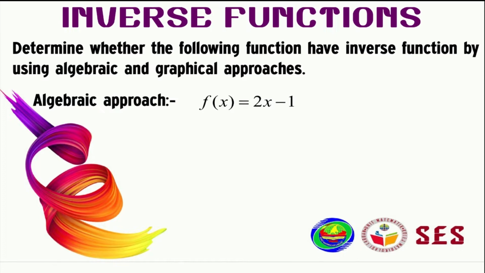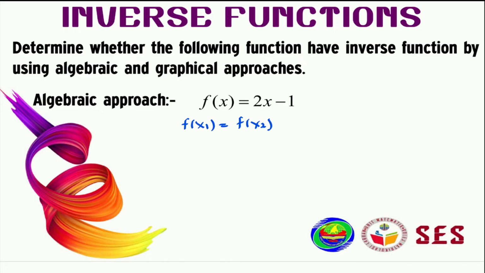Let us consider this example. Determine whether the following function has an inverse function by using algebraic and graphical approaches. The first one, let us try to use the algebraic approach. We have f(x) equals 2x minus 1. As mentioned earlier, for the algebraic approach we do f(x1) equals f(x2), where we replace x with x1 and also x2, and we need to make sure that x1 equals x2.